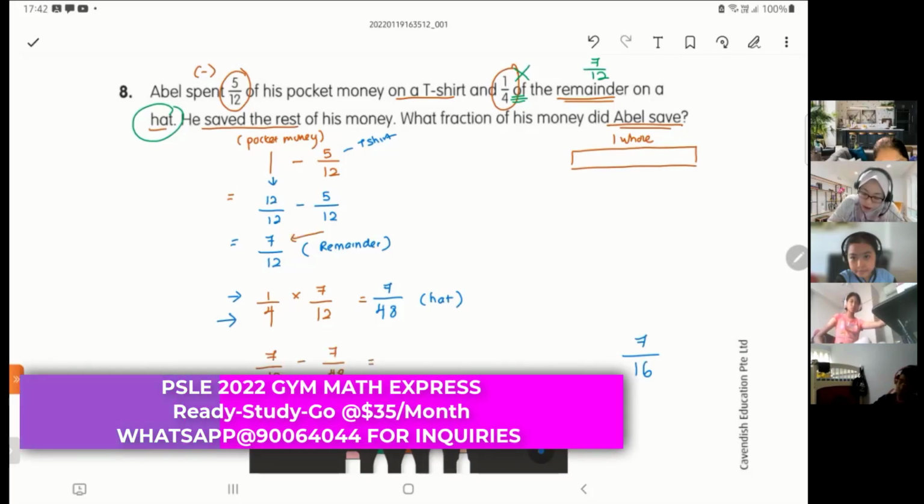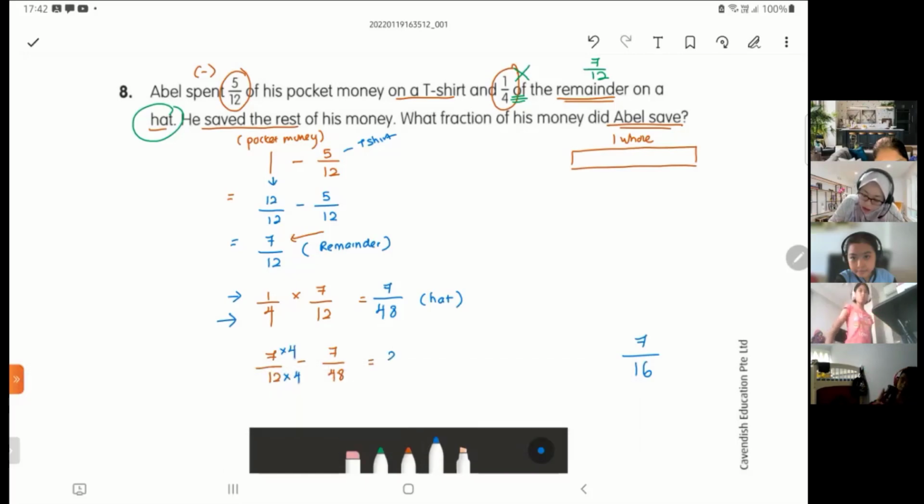So 12 and 48 is not the same. So this is times 4, here also times 4. I get 28 over 48 minus 7 over 48 equals 28 minus 7, which is 21 over 48. And then you can simplify this, right? Divide by 3. 21 divided by 3 is 7 out of 16. Okay, so this is the answer.